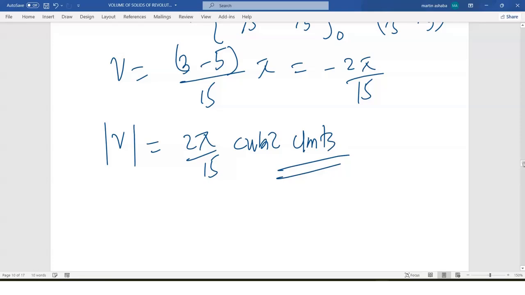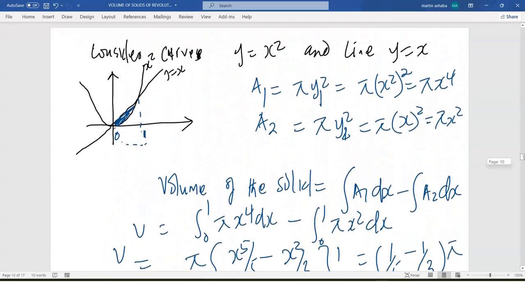So that's how we can get the volume if we have that solid formed between a line and a curve. Even if there were two curves, still the narrative would be the same. The method won't change really much. And that is how we can deal with such problems.